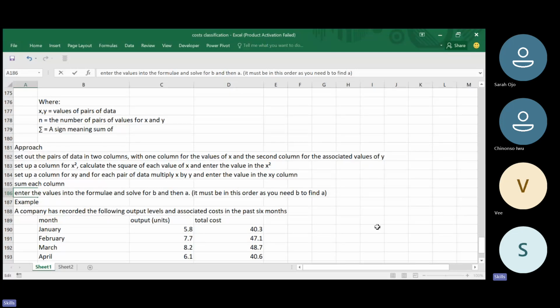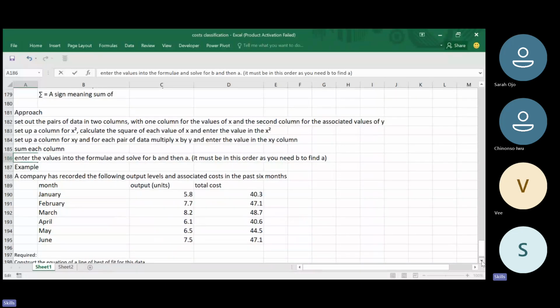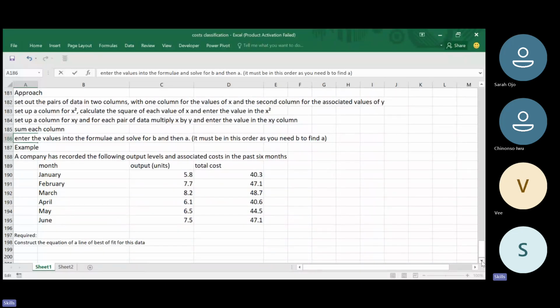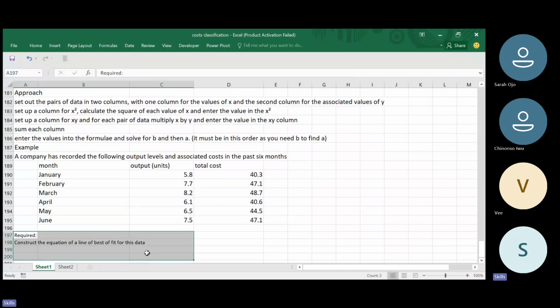Then, this is an example. A company has recorded the following output level and total cost in the past 6 months. The months are January, February, March, April, May, and June. The units are 5.8, 7.7, 8.2, 6.1, 6.5, and 7.5.